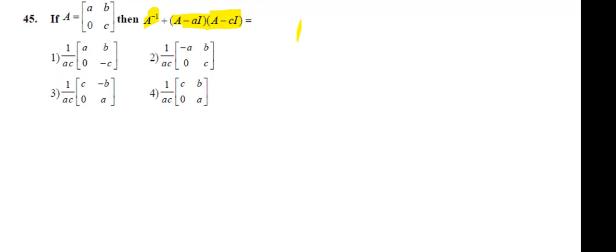Suppose the matrix is a, b, c, d, a 2 by 2 matrix. How to find A inverse? This is the formula: 1 by (ad minus bc) into d, minus b, minus c, a.